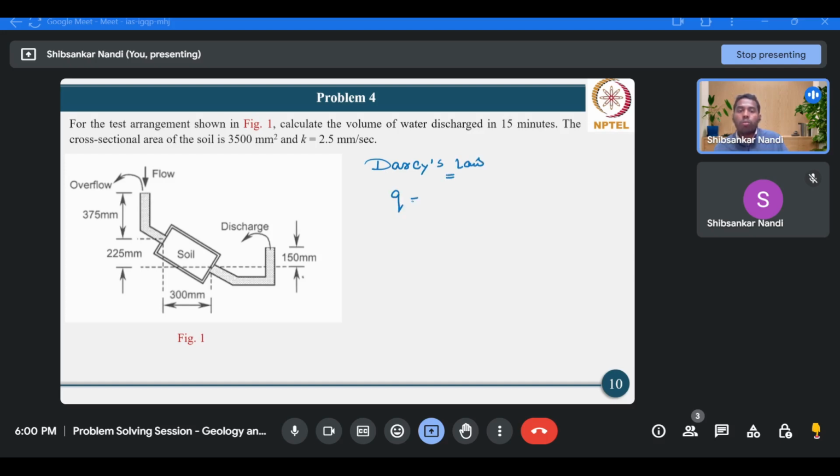Q equals K I A, where I is H upon L, into A. Now we'll figure out these entities one by one. Now what is the K value given to this problem? The K value is given as 2.5 millimeter per second.